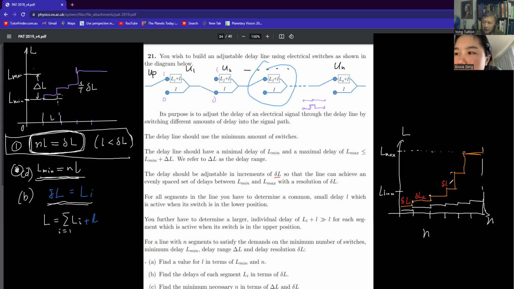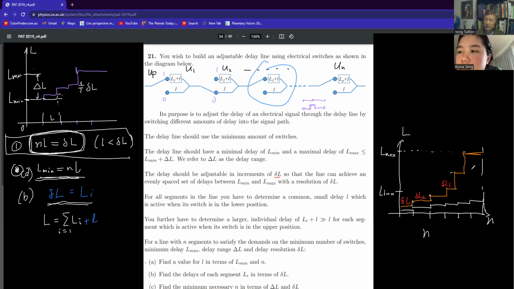Each increment is adjustable so that the line can achieve an evenly spaced set of delays between this one. When they say evenly spaced, does that mean it's constant? I think they are trying to make this even, so they don't want to jump too far apart.